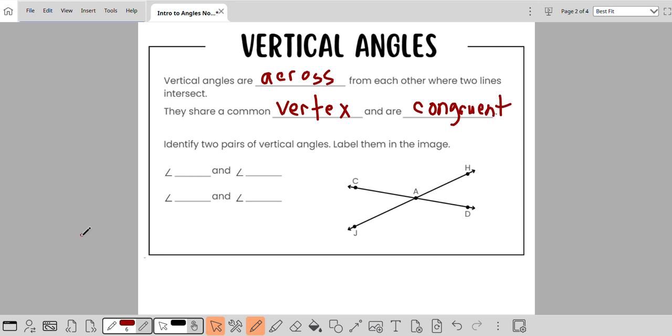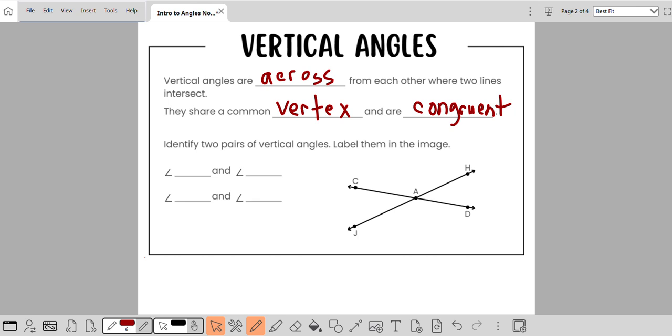Okay, so let's go over that together and read it just one more time. Vertical angles are across from each other and they share a common vertex and are congruent.